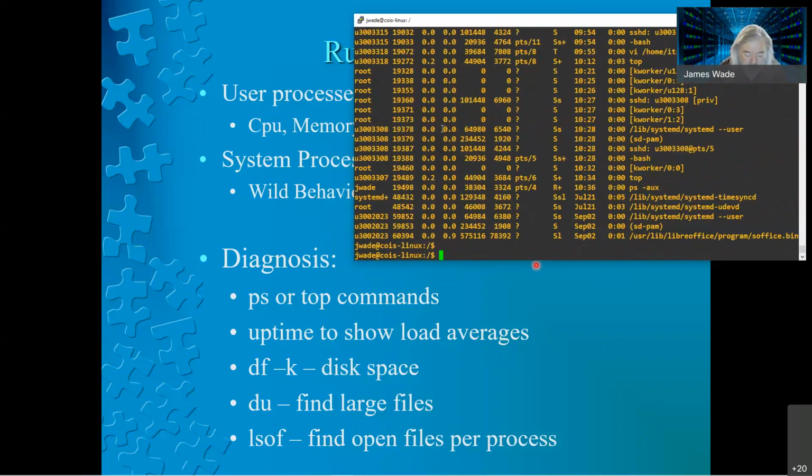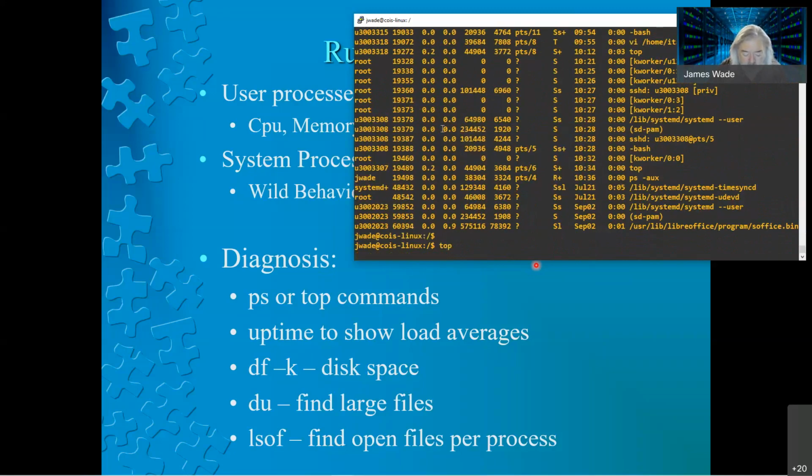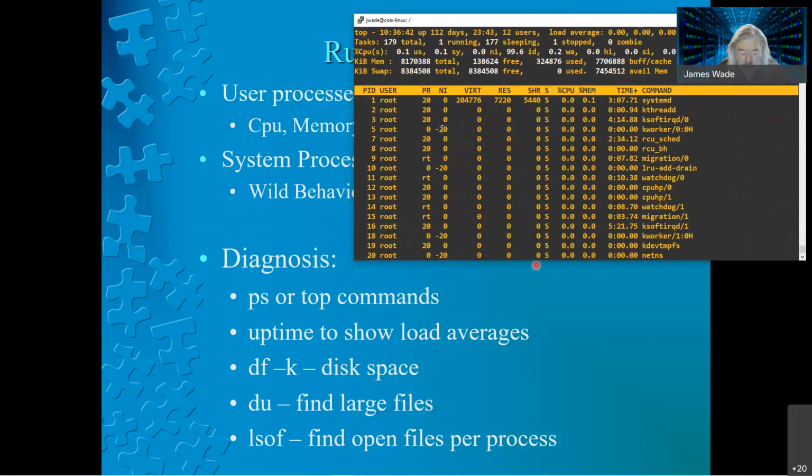What I do is I run top. It's the first program that most administrators go to because it sorts. I can hit M for memory, and then it'll sort by the memory column, or the CPU column, and I can see what's grabbing CPU or memory.